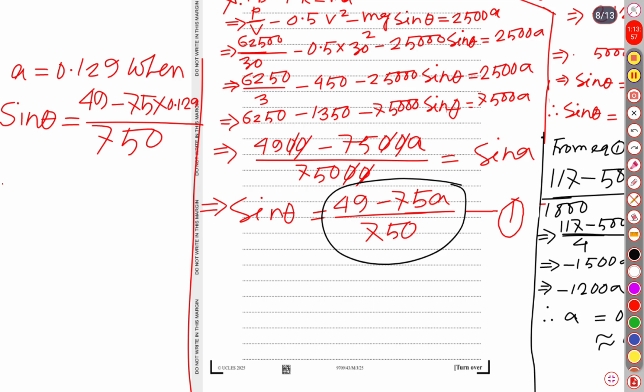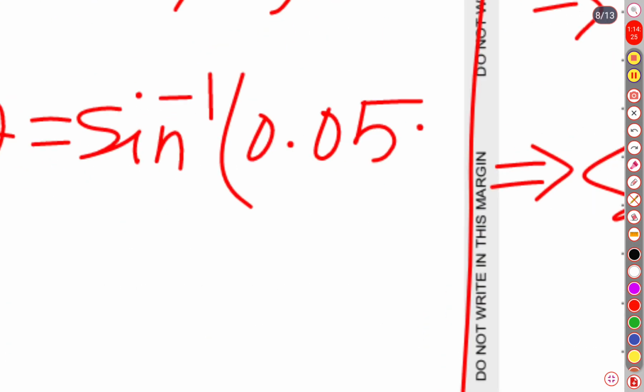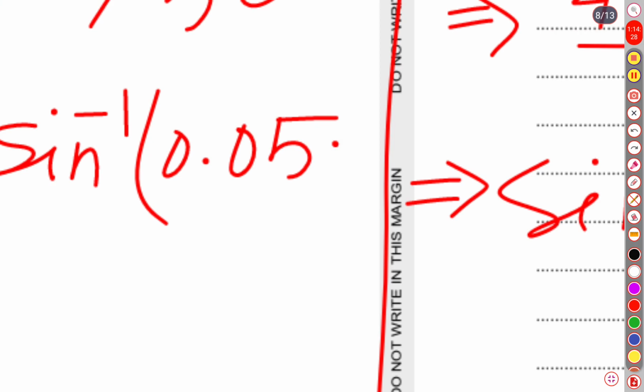Or theta is equal to, if we isolate theta, theta is equal to sine inverse of, if we calculate this, it is going to be 0.05243, let me zoom it out, sine inverse of 0.05243.